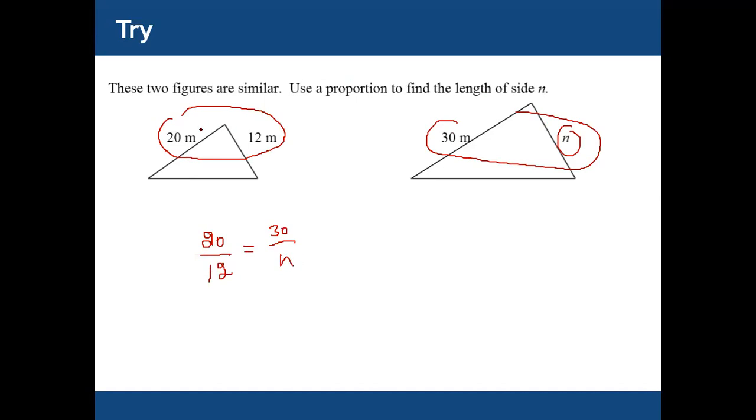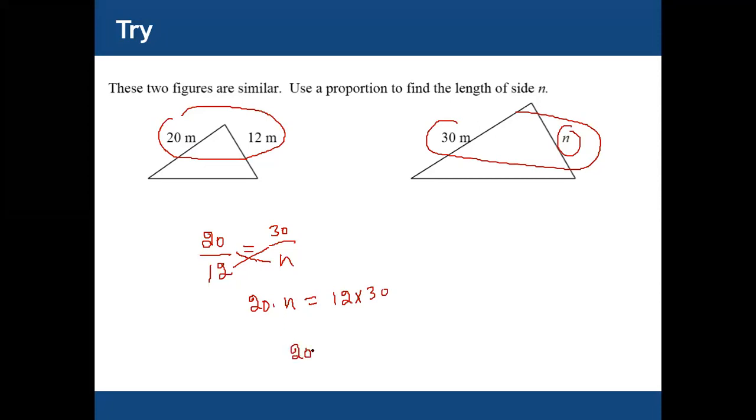So how to find n? You can multiply n with 20 and 12 with 30, like 20 times n and 12 times 30.